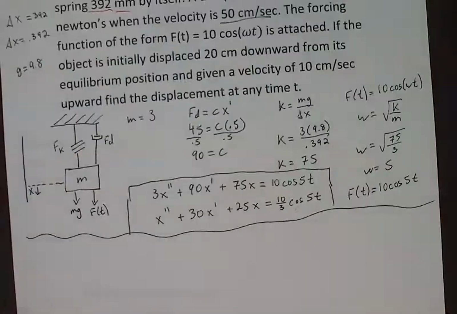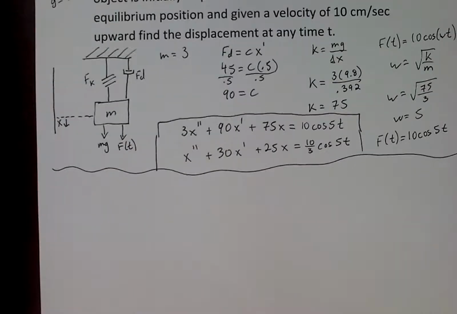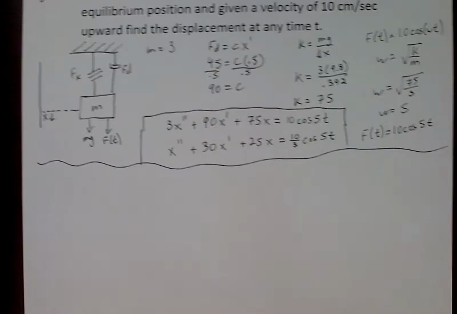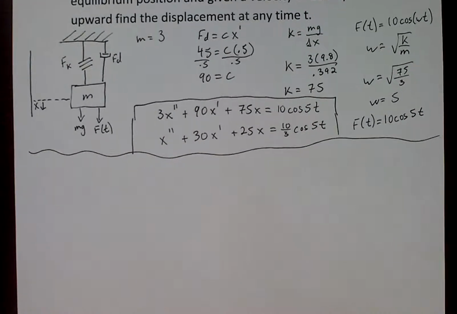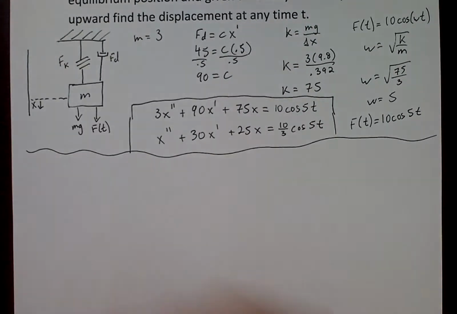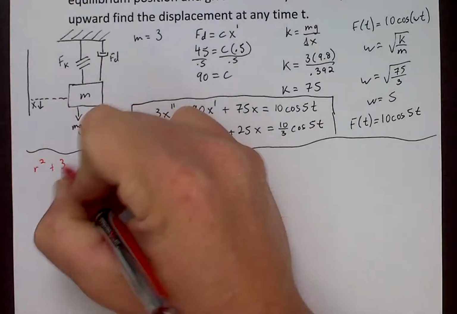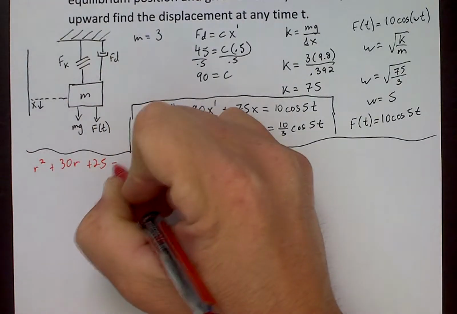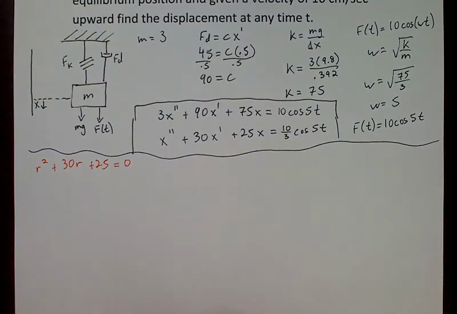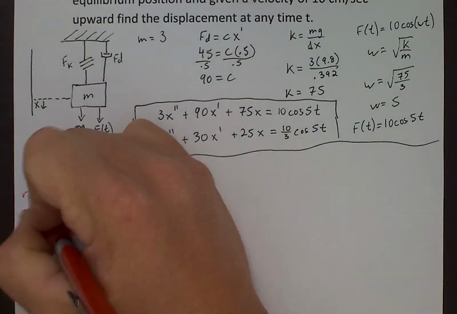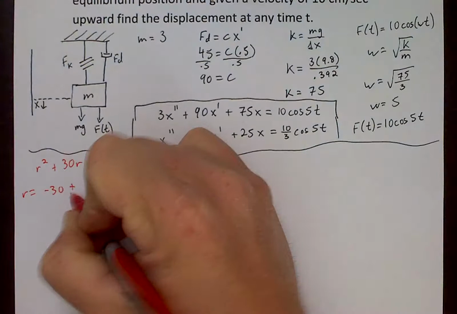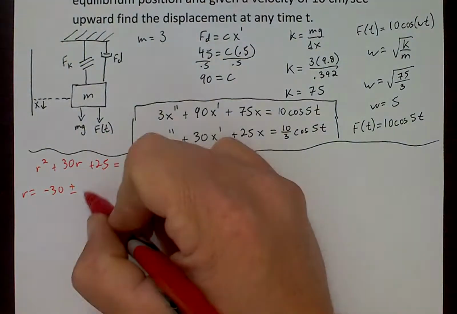Now I change it in terms of r. So r squared plus 30r plus 25 equals 0. That happens when r equals negative 30. So now we're using a quadratic formula because it doesn't factor.